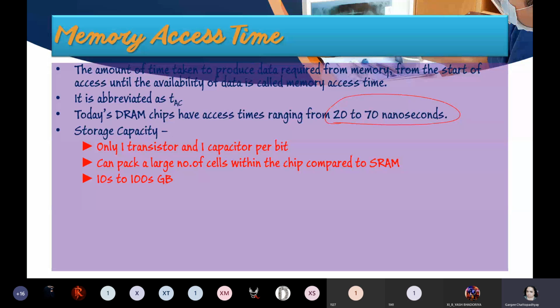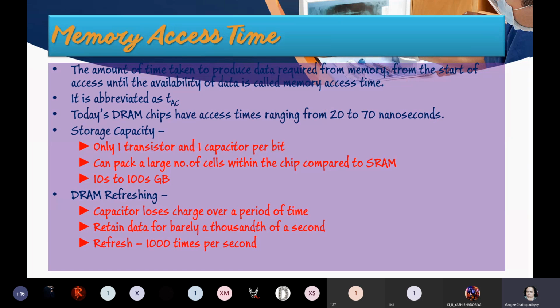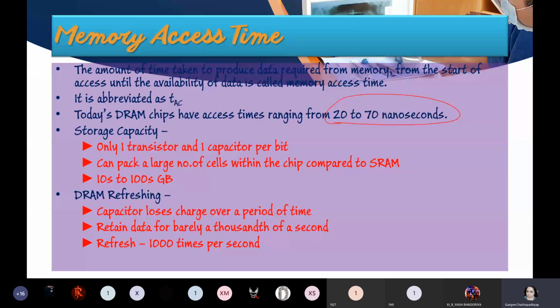Tens to hundreds of GB. Okay. DRAM refreshing, capacitor loses charge over a period of time, retains data for barely a thousandth of a second. Refresh is to be done 1,000 times per second. Please read through these points. Take some time to read through these points.